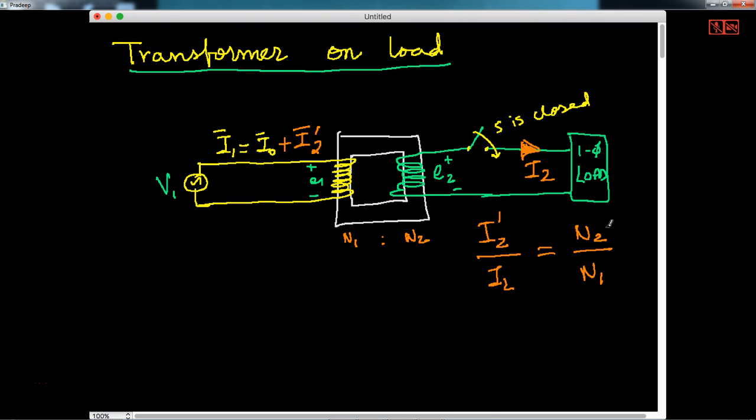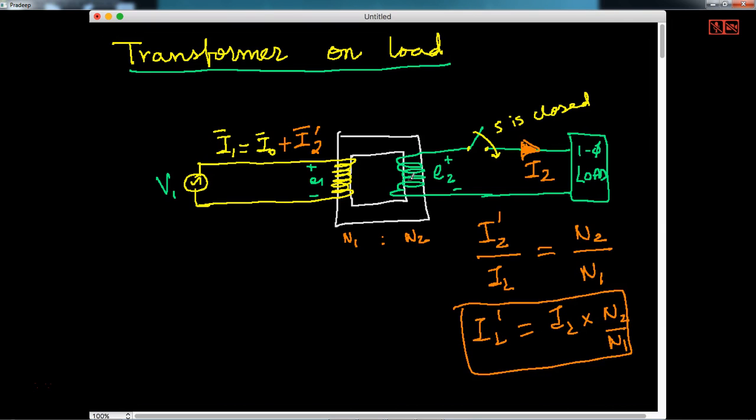So if the number of turns in the secondary is increasing, therefore I2 dash I can always calculate by actual I2 multiplied by N2 by N1. So this is again an important relation. So now the vector addition we have to do.